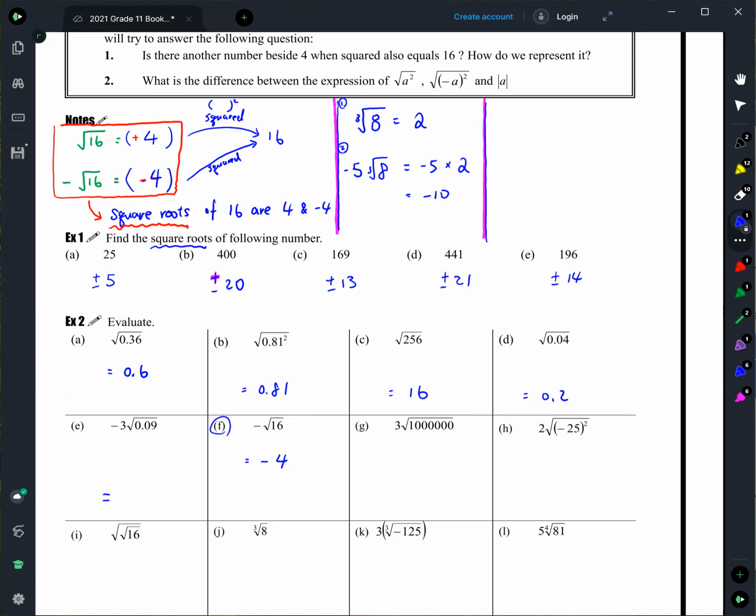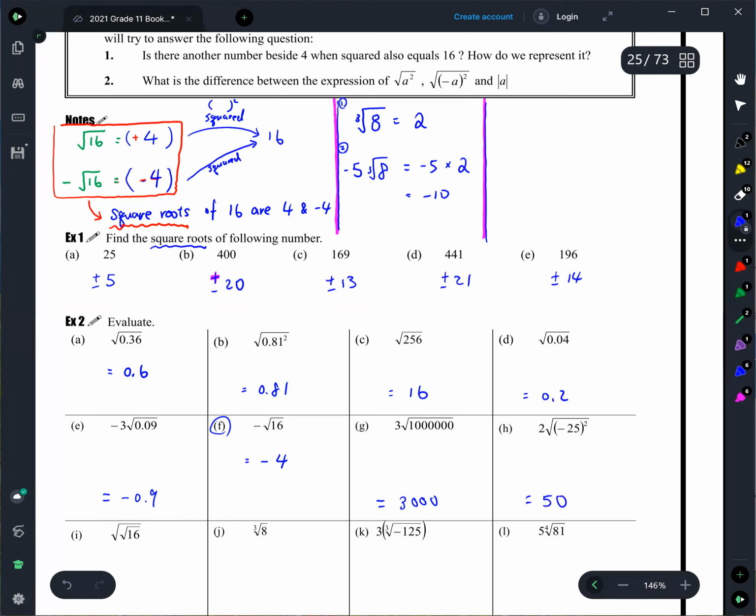Isabella, next one, question E. Negative 0.9. Yeah. And F, we did it. Question G, Angeline. 3,000. Yeah, 3,000. And H, Bernice. I got 50. Okay, very good.